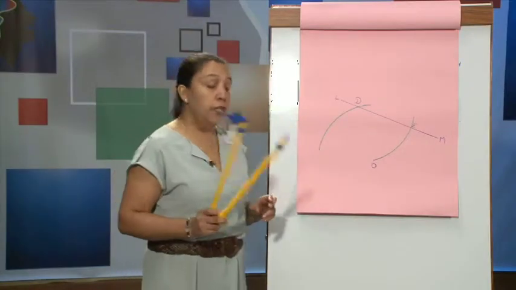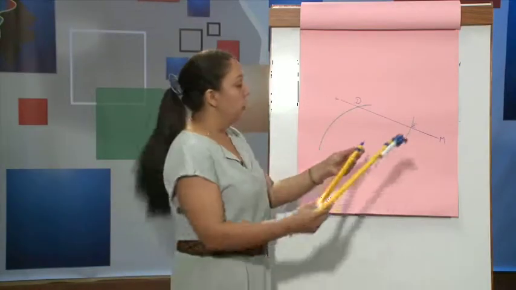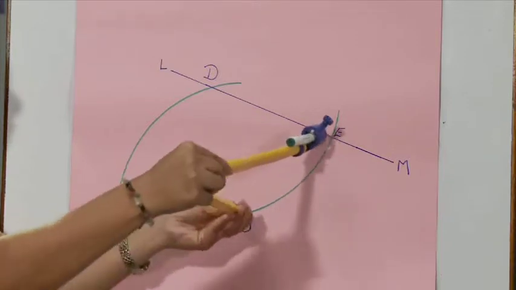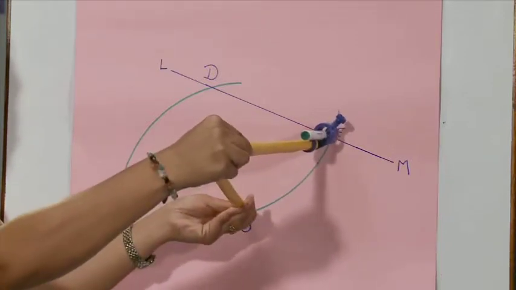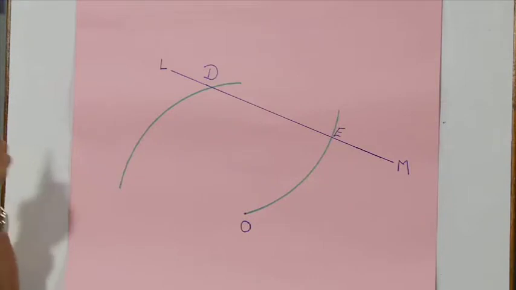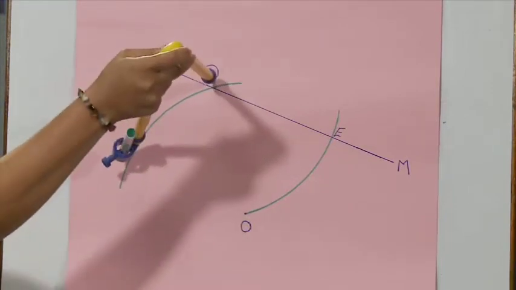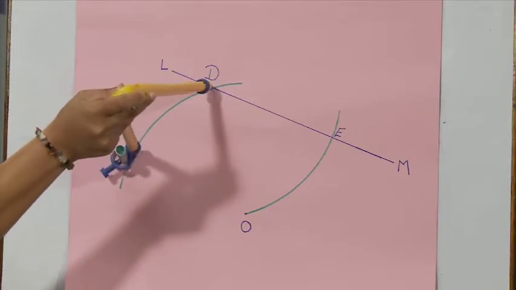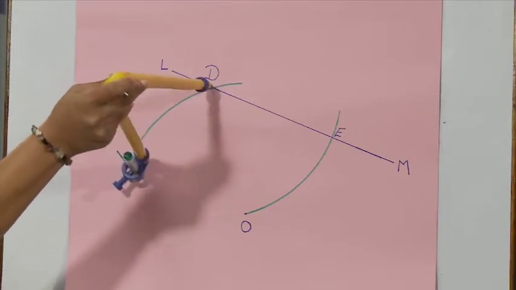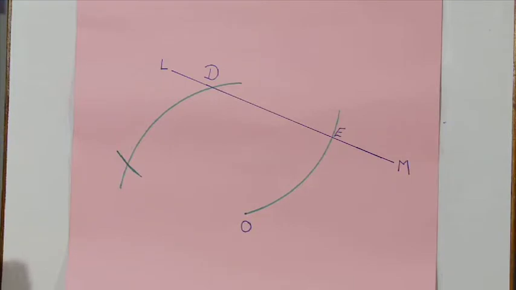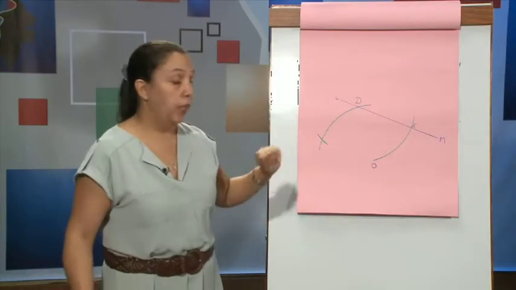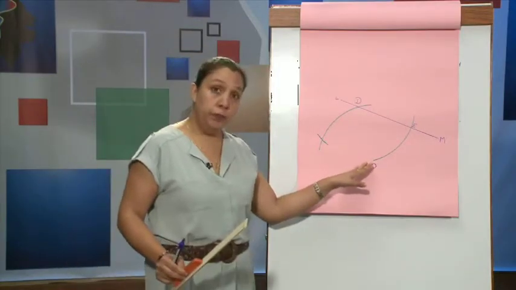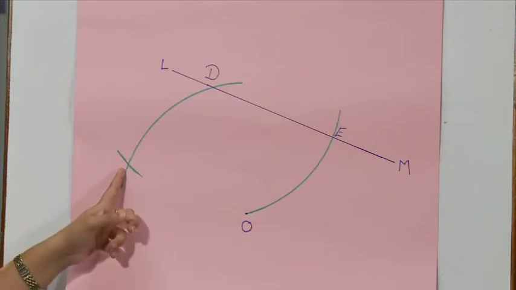What you need to do now is to measure the distance OE. See? Like this, okay? Then you put your pointer on D and you just need to cut the arc. Here you are. Okay?